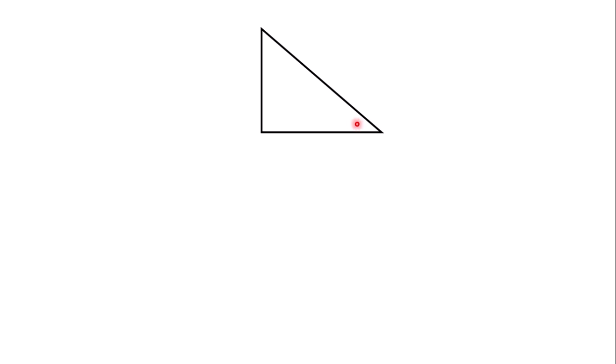Once I place my angle theta here, this side of the triangle becomes my opposite, this horizontal line here becomes my adjacent, and the line which is facing the 90 degrees symbol, something drawn like this, we call the hypotenuse.